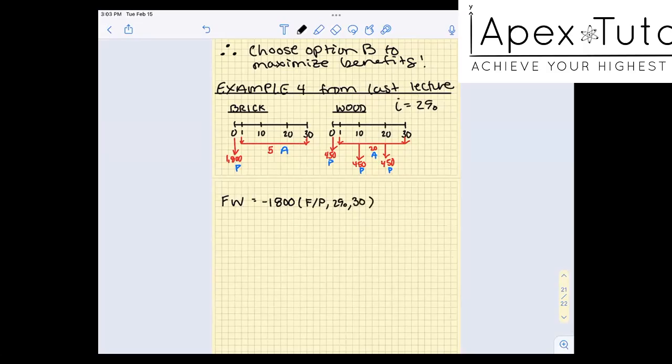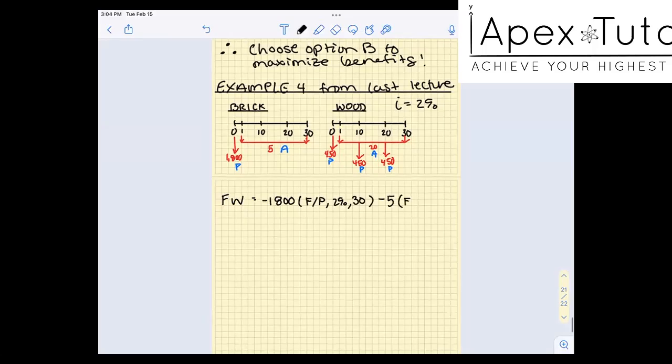And then we have that $5. We've got to put negative because it's pointing down. What do we multiply that by? We want F given A. Very good.